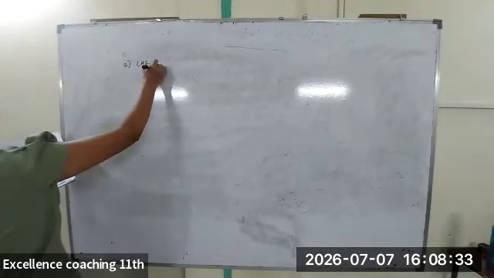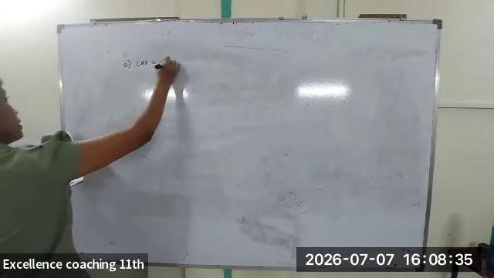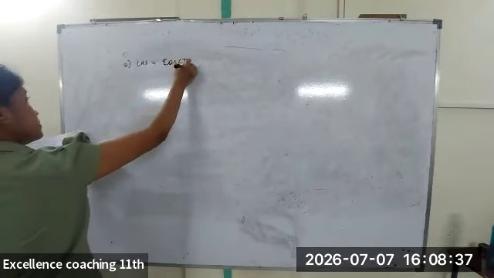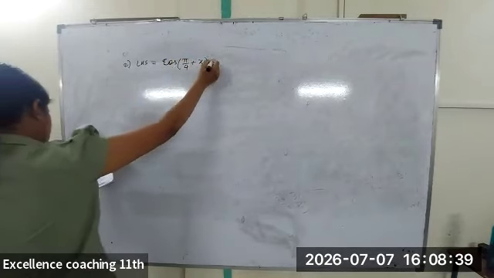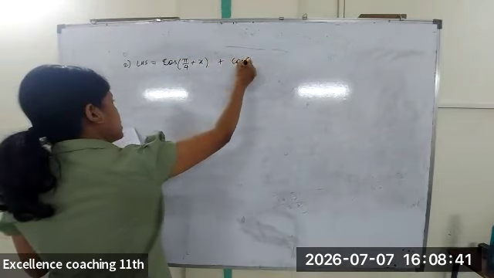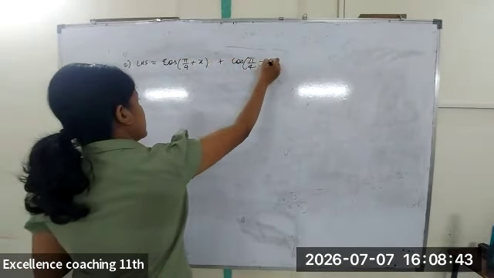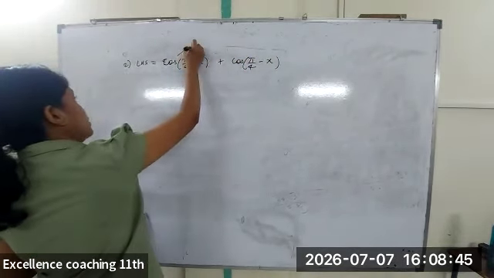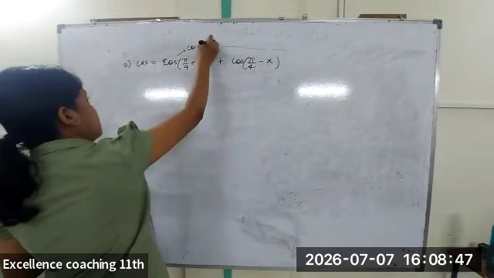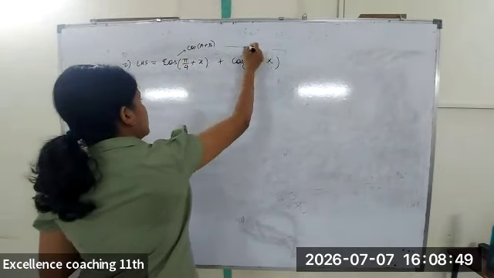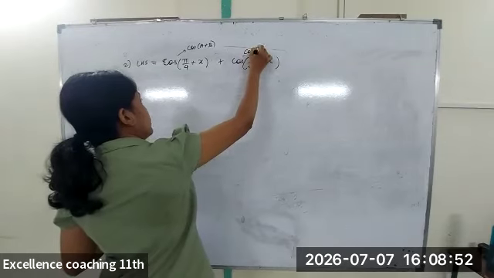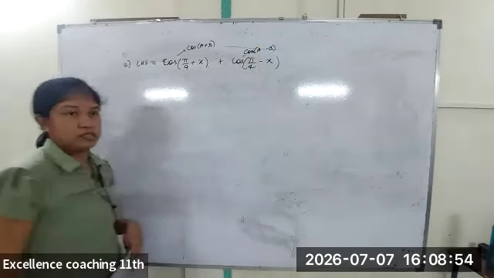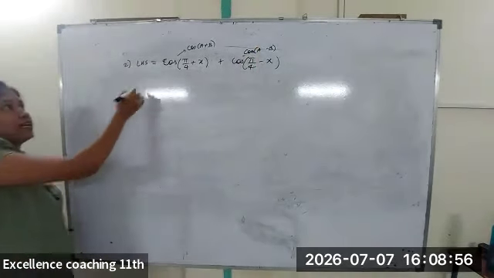Directly writing the left hand side, cos of a plus b. So here, which formula? Cos of a plus b. And this is what? Cos of a minus b. Directly I am applying now.